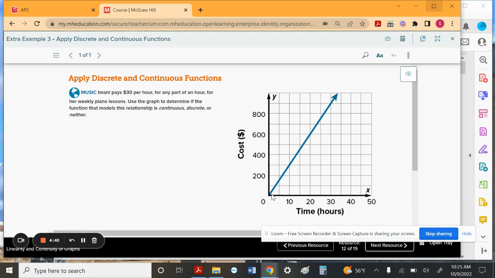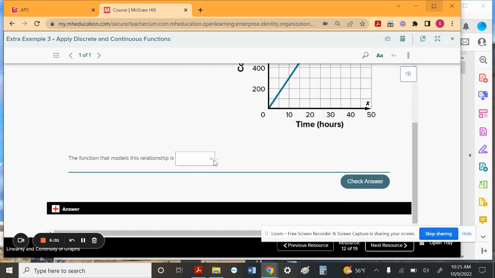So notice in this case, we can see that it starts here. If they get no piano time, it doesn't cost any money. At 20 hours, it's $600. At 30 hours, it's $900. So it goes up. So it's any part of an hour is what we're doing. So in this case, it must be continuous because of how that's working up there. So, okay, so that's what we have for that one.